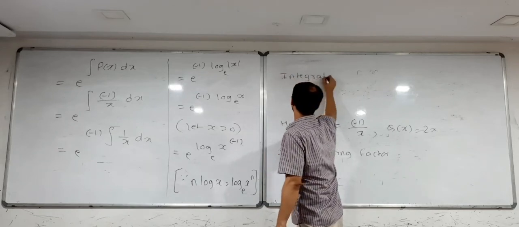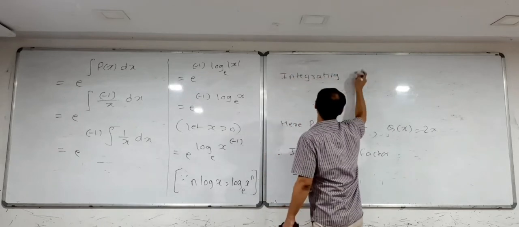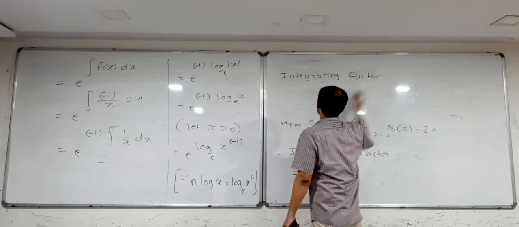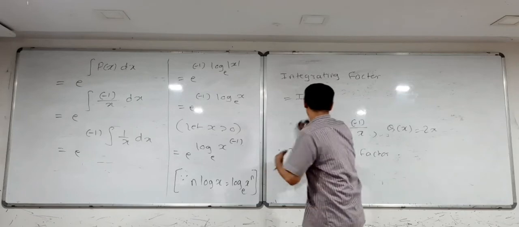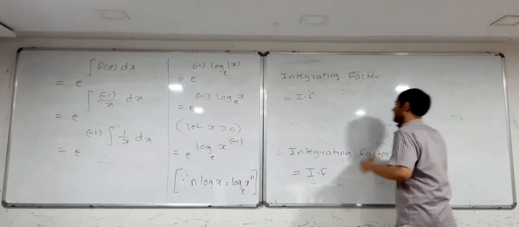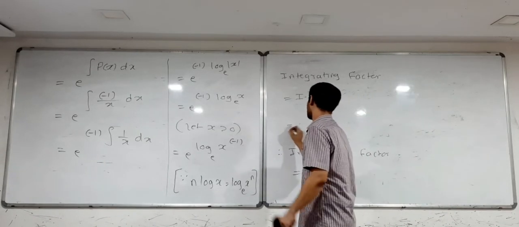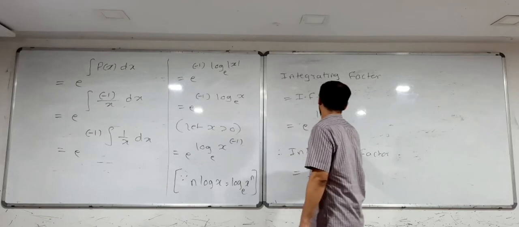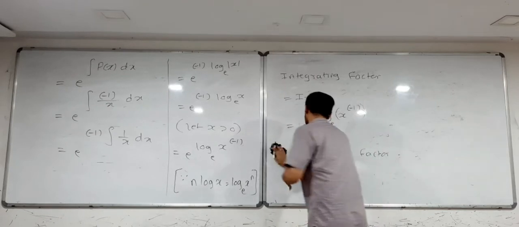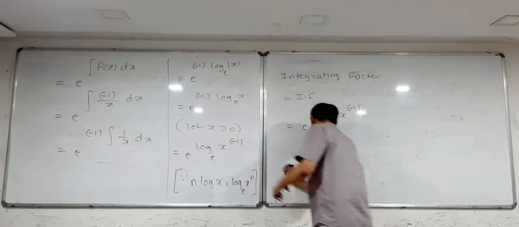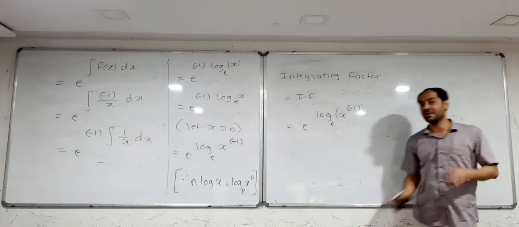Up to here we have the integrating factor, but we still have to simplify. The integrating factor, which is equal to IF, is e raised to log of x raised to minus 1 to the base e. Which rule will we apply? a raised to log b to the base a is b.